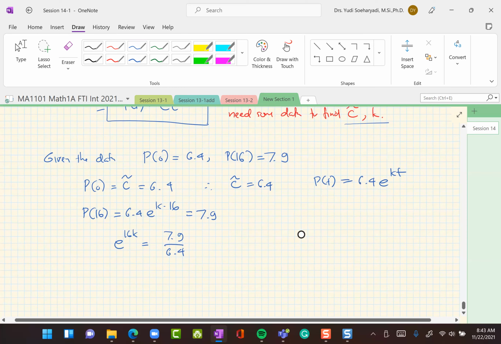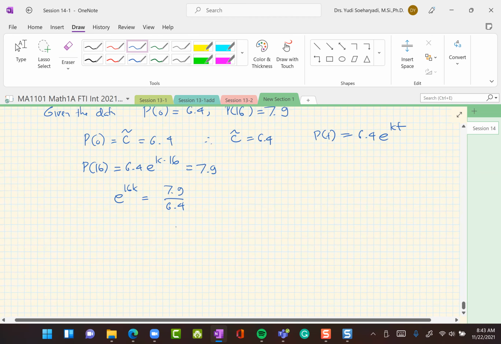Apply ln to both sides, so k is 1 over 16 times ln of 7.9 over 6.4. This is more than 1, so k is positive.